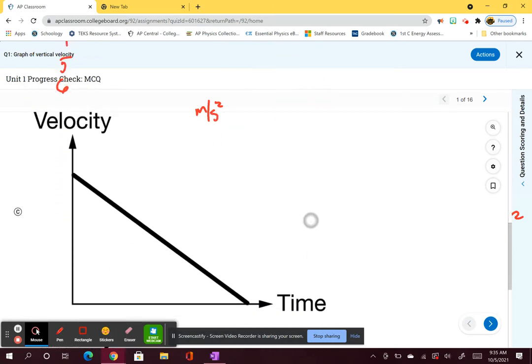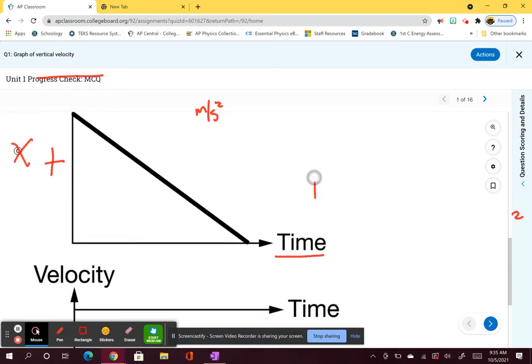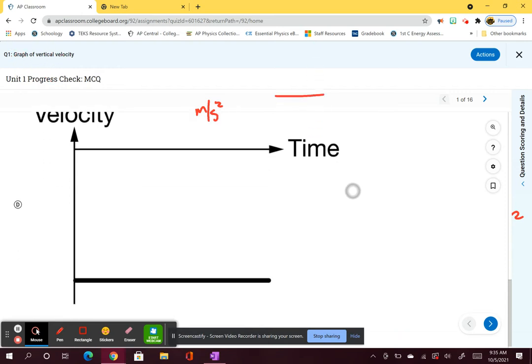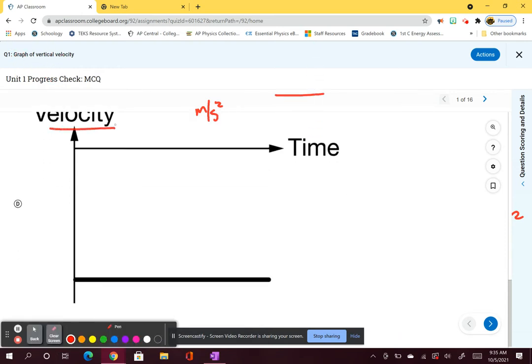Again, this is a velocity time graph. It's above the x-axis, so it's in the positive direction. Not the right answer, because we're looking for something in the negative direction. This next one is a velocity time graph. It's in the negative direction, but it's showing that velocity is not changing.